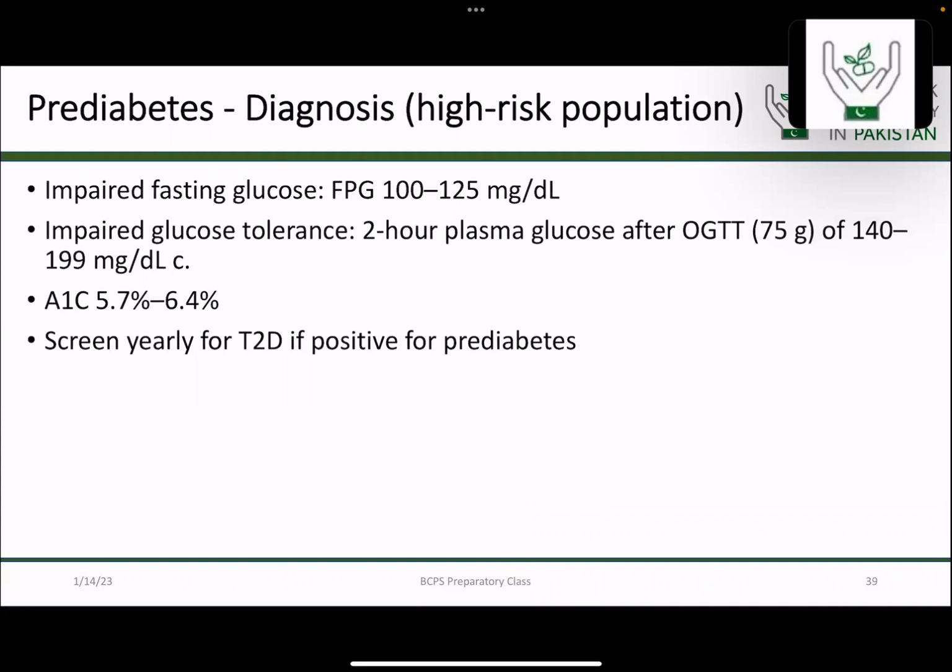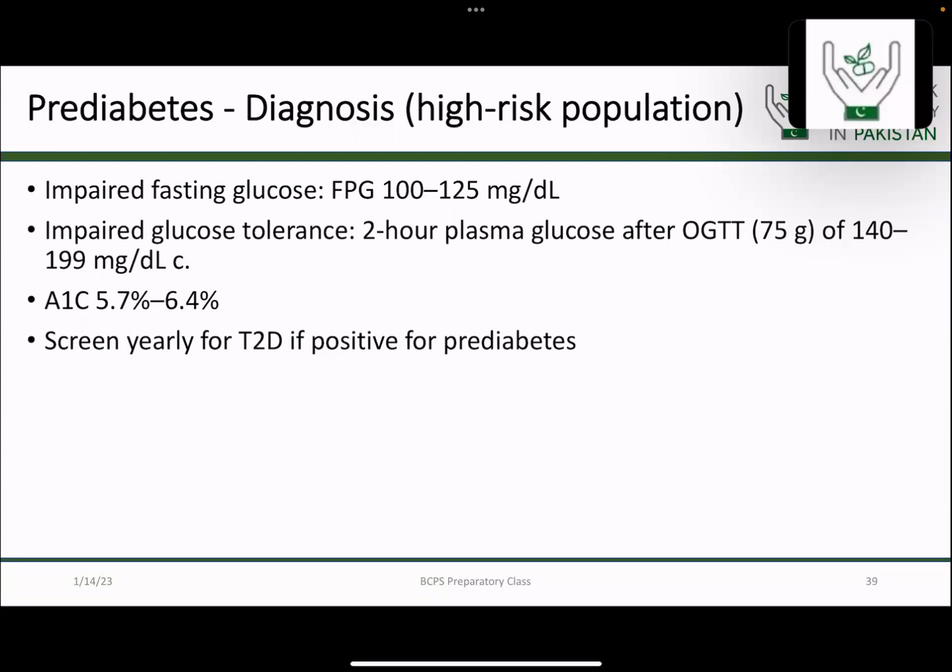So let's classify pre-diabetes. In pre-diabetes, the patient is not diabetic yet, but the situation is worsening because impaired fasting glucose is between 100 to 125 mg per deciliter, and this patient can progress to diabetes. There are chances that this patient can progress to full-fledged diabetes.